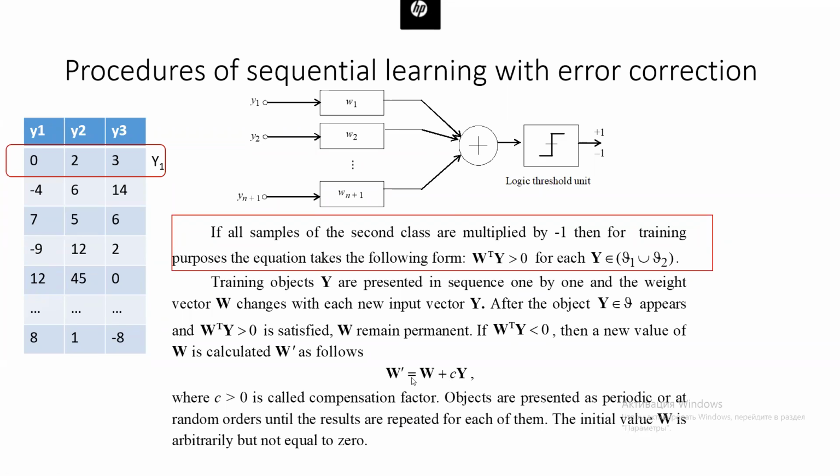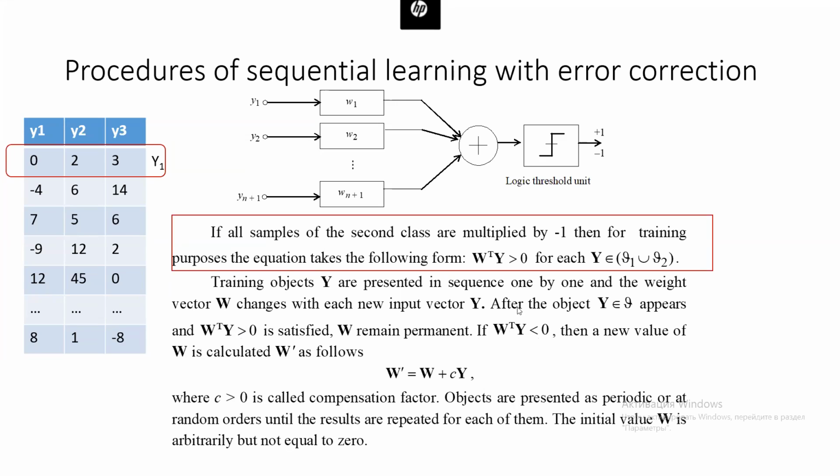The initial value of the weight vector is selected randomly; you just initiate your weights randomly. After that, I need to calculate this equation for each object and compare with zero. If it's greater than zero, you don't do anything with your weight vector and select the next object.